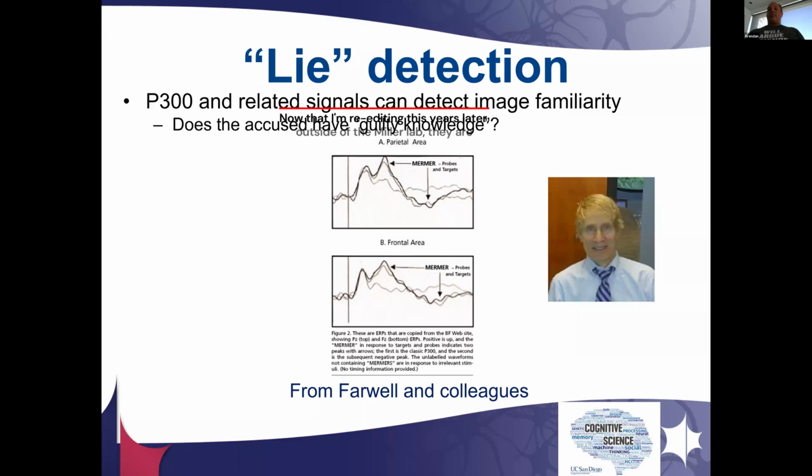That is, if you claim that you didn't rob a bank, then you shouldn't be familiar with certain images like the inside of the bank, assuming you've never been to the bank for innocent reasons like just banking. And so that was the approach that Larry Farwell and his colleagues promoted. And Dr. Farwell has had a company for many years now called brainwavescience.com, where he tries to sell these for forensic purposes.